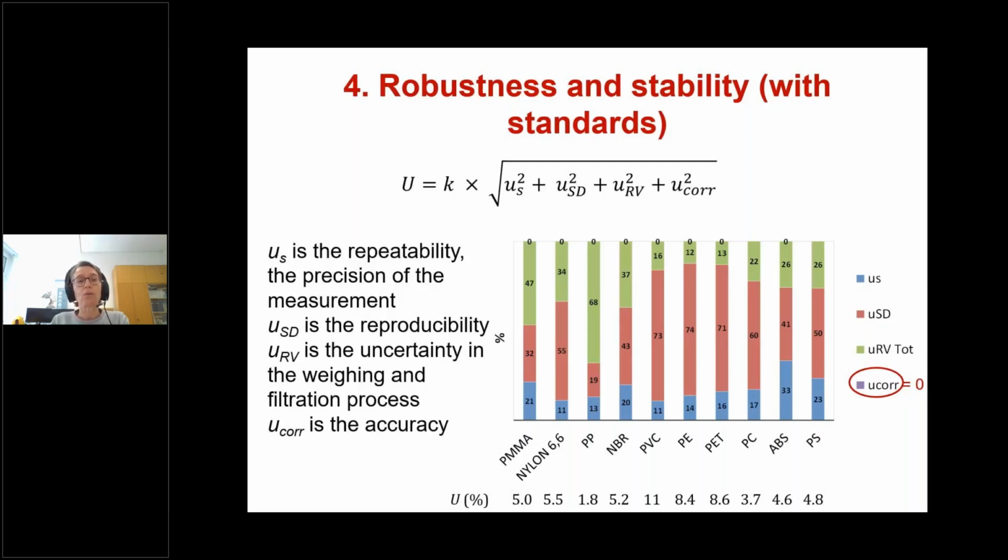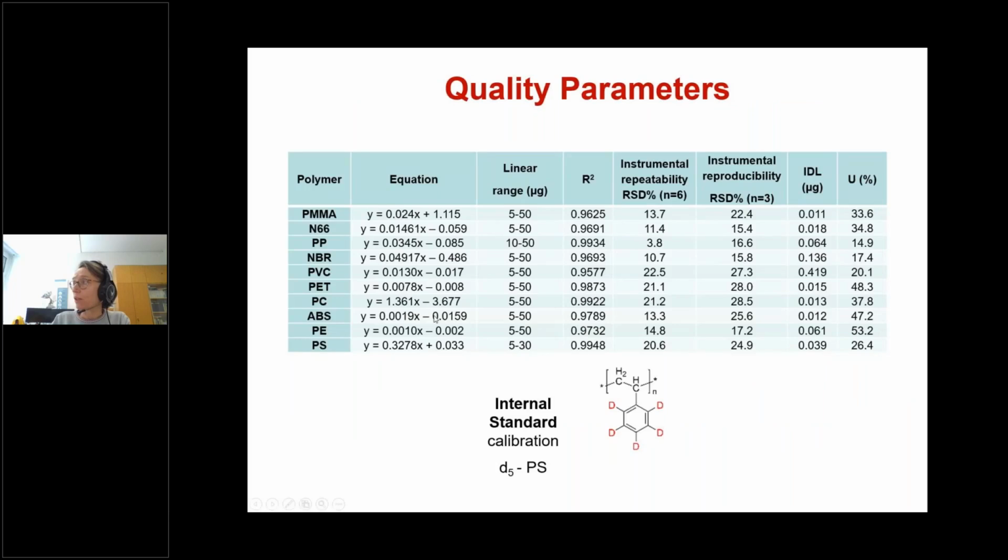So altogether, we get uncertainties that in the best of the cases go to 15%, and in the worst of the cases it goes to 53%. The one which has the lowest and highest uncertainty is polyethylene, which is also one of the microplastics that is most difficult to identify, because the ion at m/z 82 provides very low sensitivity, although good specificity.